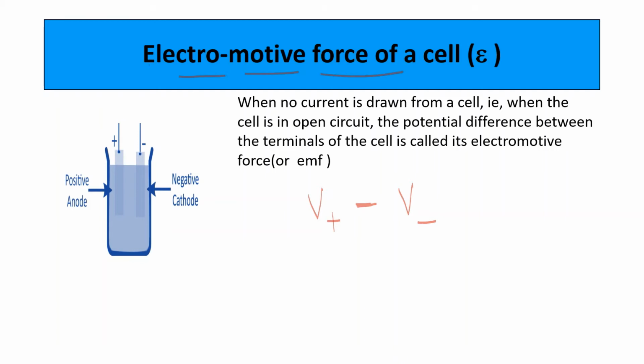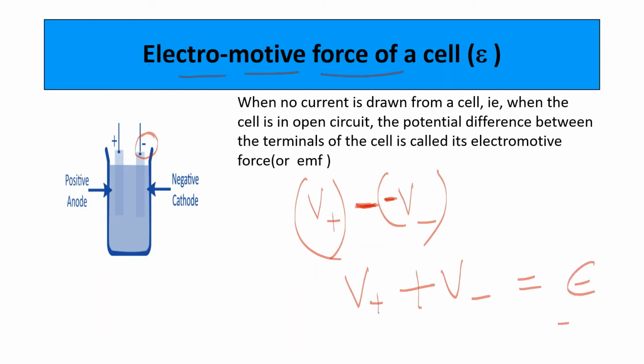This negative electrode is already negative. Therefore, you must put negative. One is positive and one is negative. This is the difference. Therefore, this minus and this minus will become plus. You can write V plus plus V minus. This is called epsilon or EMF.